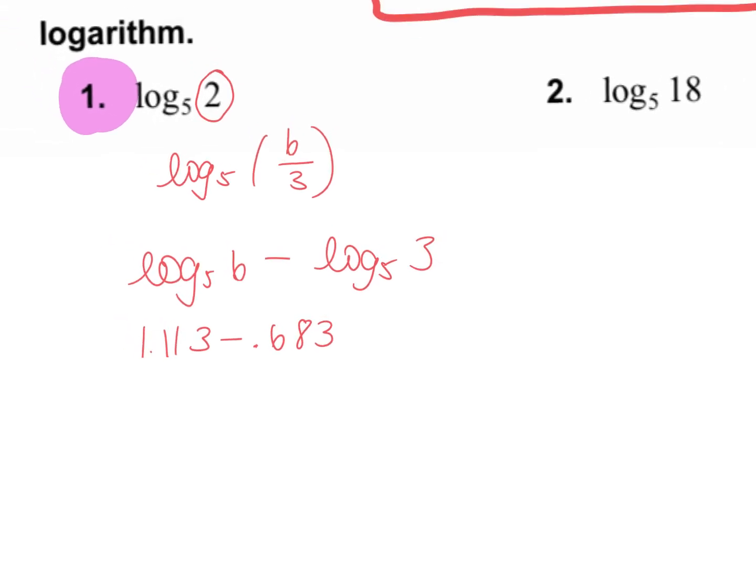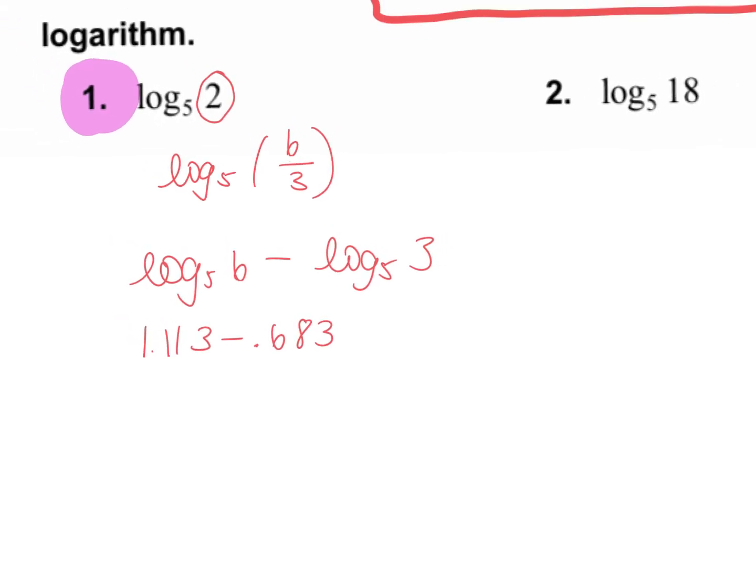You guys agree? And what do we get when we subtract that in our calculator? 0.43. Perfect. So when you are given 2 log equivalents, you have to say, okay, how can I, given those 2 numbers, make the number that's in the problem?